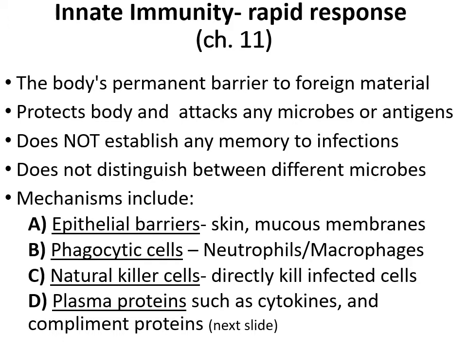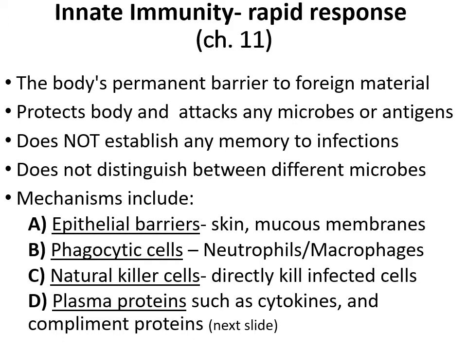It's always present and waiting, okay? And it protects the body from any entry of microbes or antigens. It does not establish any kind of a memory to the infection or the antigen. So it'll behave the same way every time something tries to invade the body.